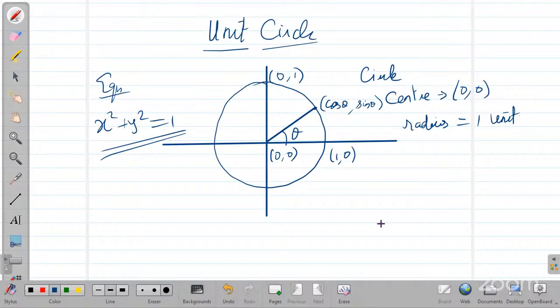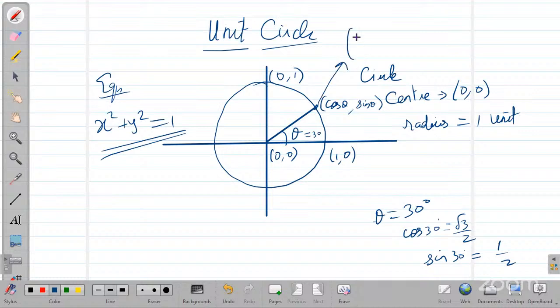For example, if I take theta equals 30 degrees, cosine 30 degrees will be root 3 over 2 and sine 30 degrees will be half. So if theta is equal to 30 degrees, this coordinate point will be root 3 over 2 comma half. So this will be the coordinate.